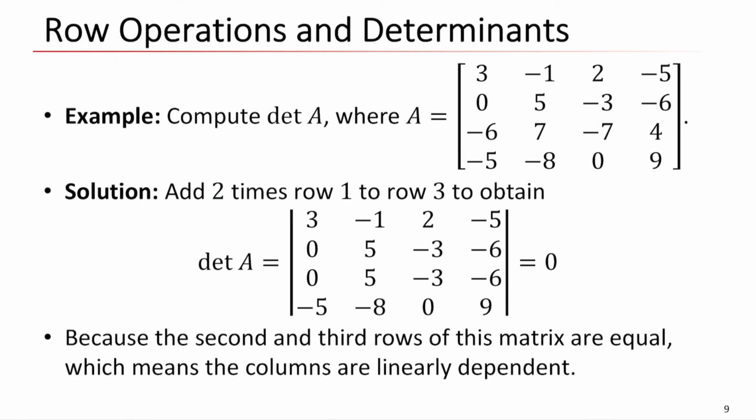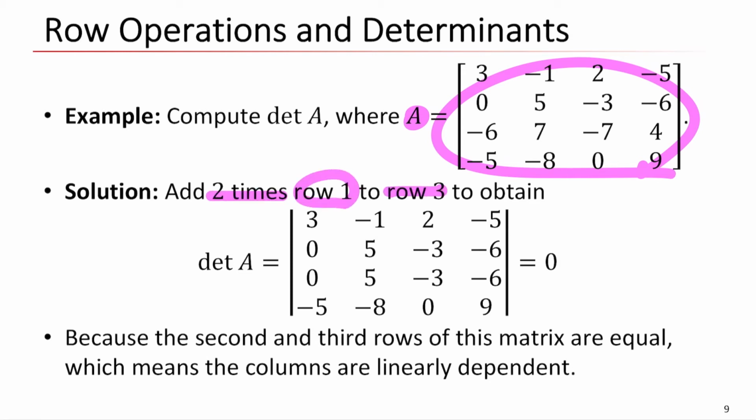So let's see an example. We have a matrix A, something like this. To find the echelon form of this matrix, let's add 2 times row 1 to row 3, to reduce this one. Then we get these 2 rows, and these 2 rows are exactly the same here.